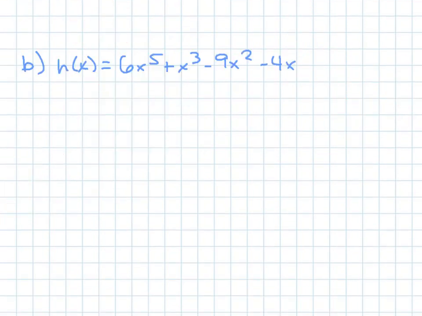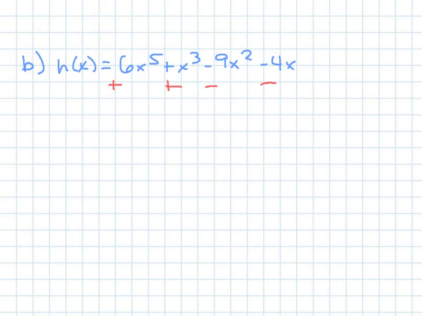So here I have 6x to the 5th plus x cubed minus 9x squared minus 4x. Like I said before, you don't need to fill in the gaps. So I don't have an x to the 4th and I don't have a constant. It doesn't matter for Descartes' rule of signs. So you just worry about the signs that you have. I get a positive, a positive, a negative, and a negative.